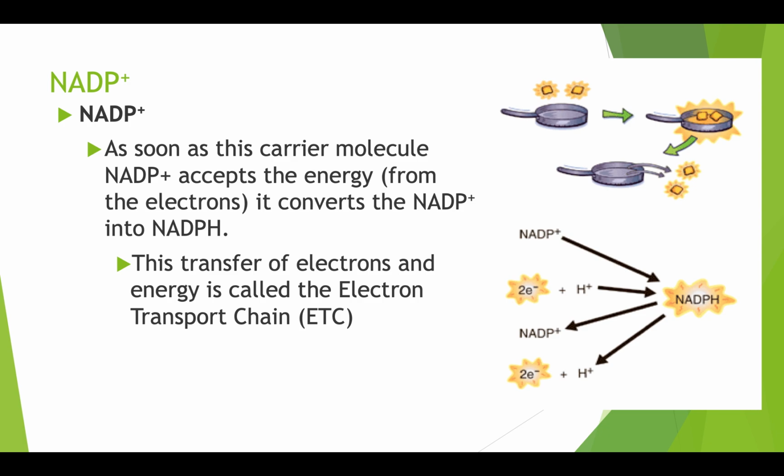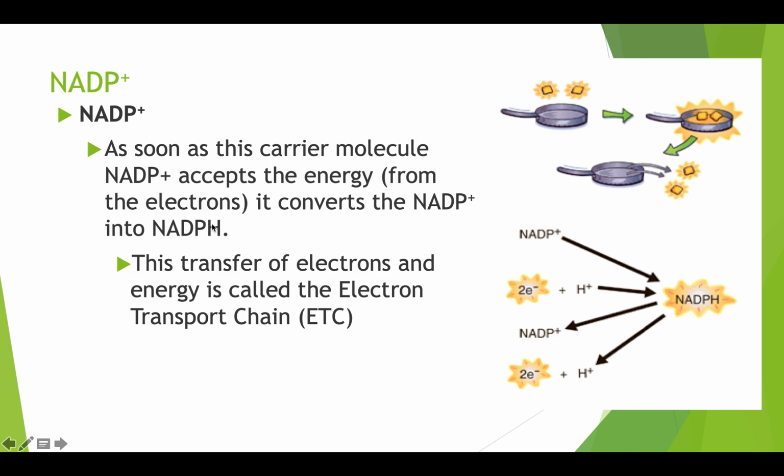As soon as this carrier molecule, NADP+, accepts the energy from the electrons, it converts the NADP+ into NADPH. What happens is once it gets that electron, this P looks for and is attracted to a floating hydrogen atom.